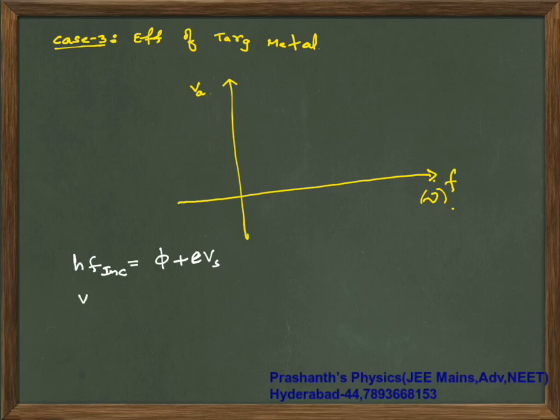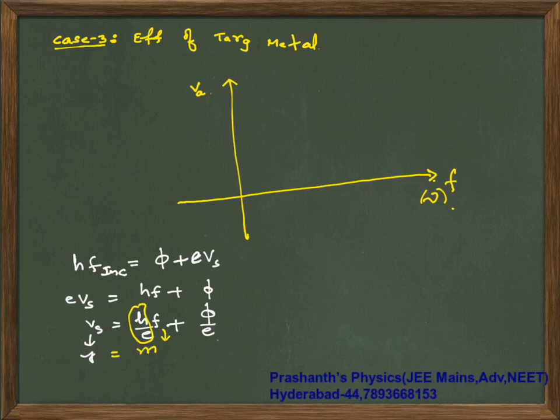Now from here, if you divide by E, the stopping potential is equal to Hf by E minus phi by E. Now if you look at this graph, this is y. What is m? Your slope is h by e. So your graph is y equal to mx plus c.